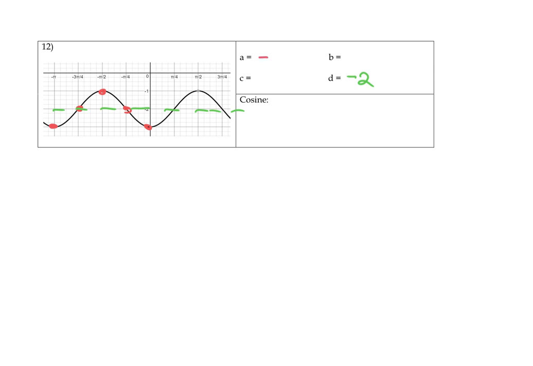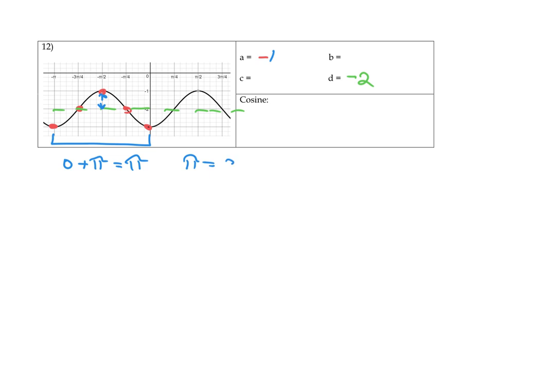And then my amplitude here is the distance between here, and that is just 1, so it doesn't change any. My b value, I've got to see if I have a change in period. So 0 minus negative pi equals pi. So it changed. I have a b value.